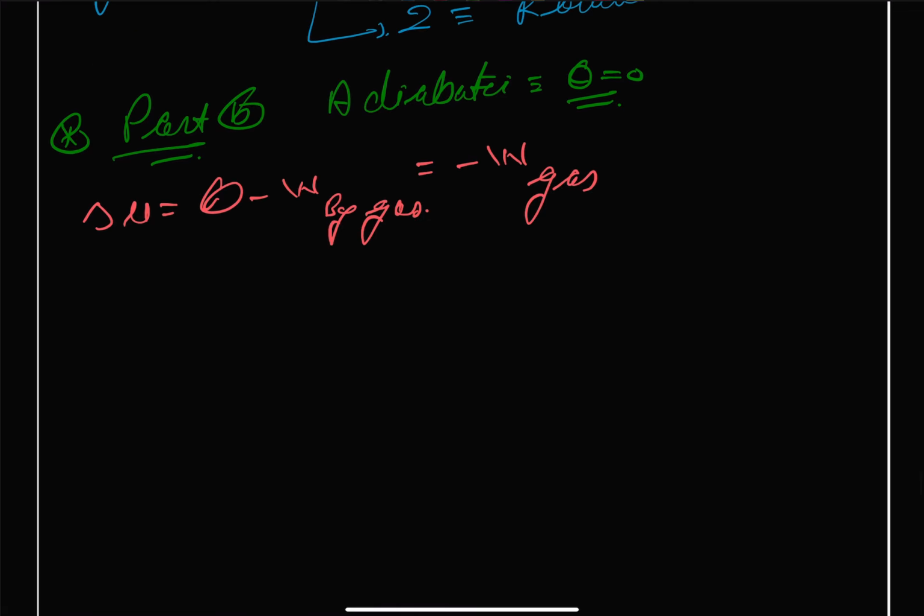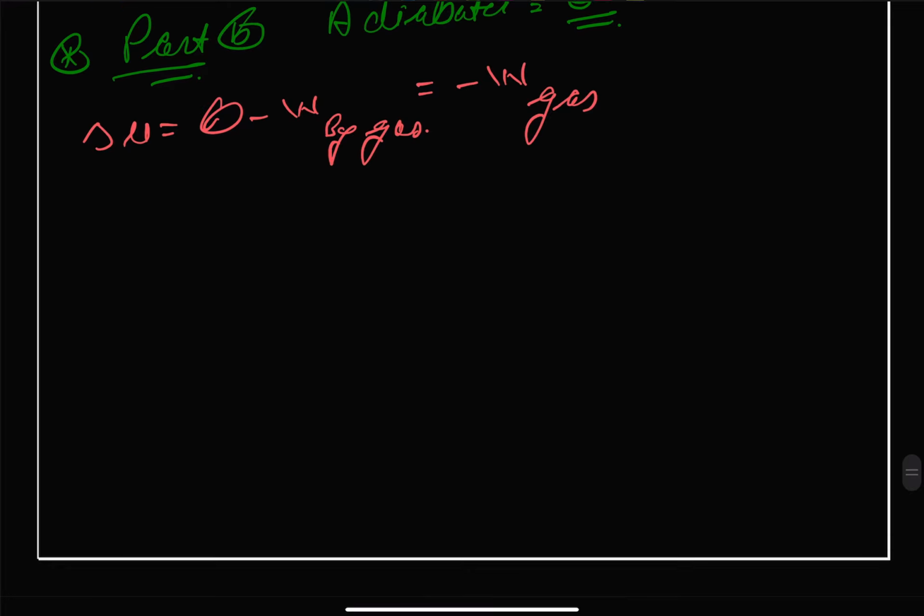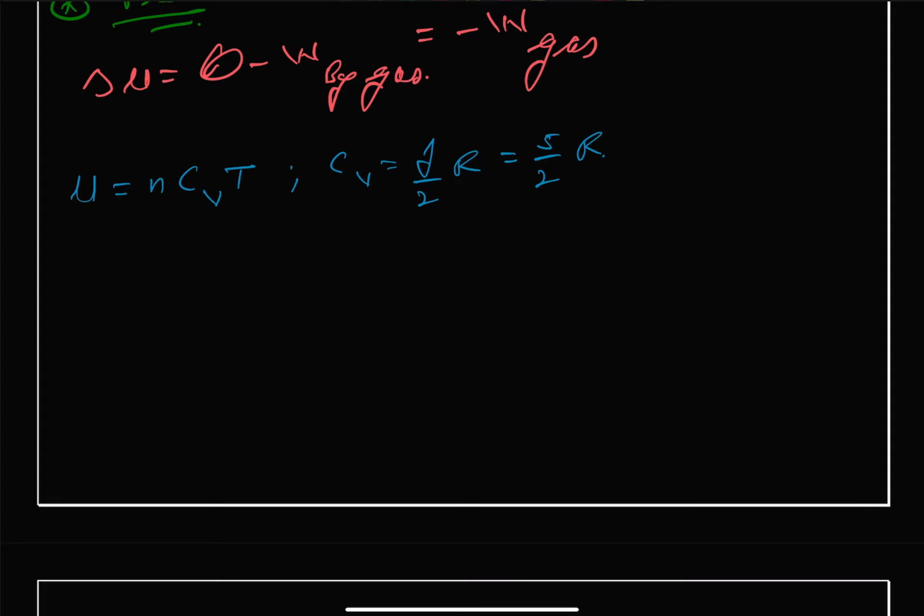And delta U we can easily find out. We know that our internal energy, U, is equal to n times constant volume heat multiplied by T, and we know that CV is equal to F upon 2 times R, and we have value of F as 5, so this comes as 5 upon 2 times R. So change in internal energy, that is our delta U, is equal to n CV times T2 minus T1.